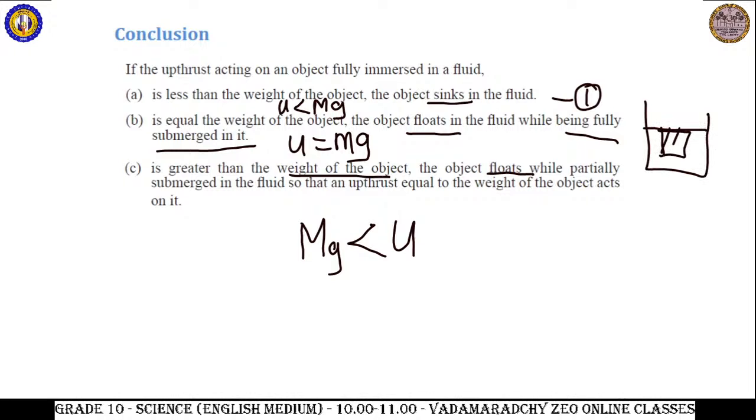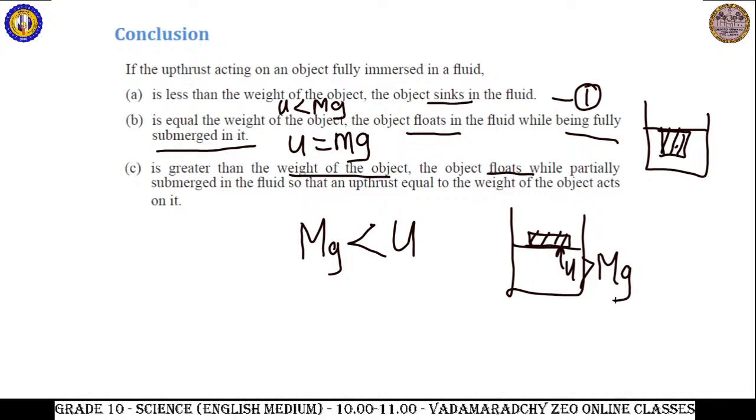But in instance C, the object will float on the water, since the upward force acting on it is greater than the weight of the object.